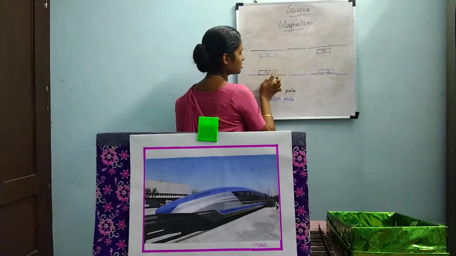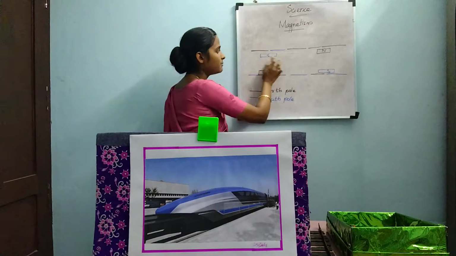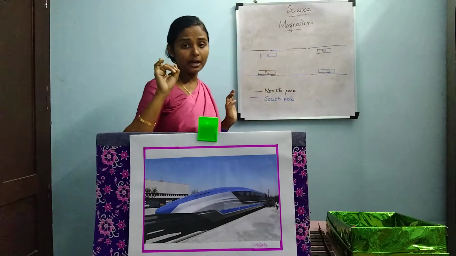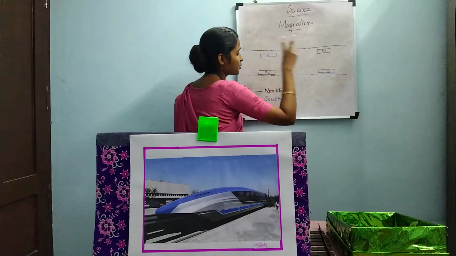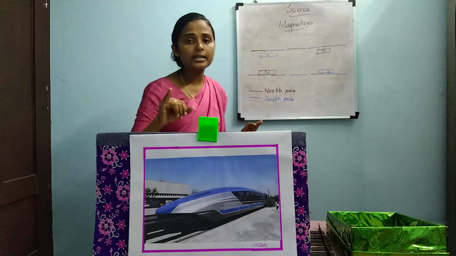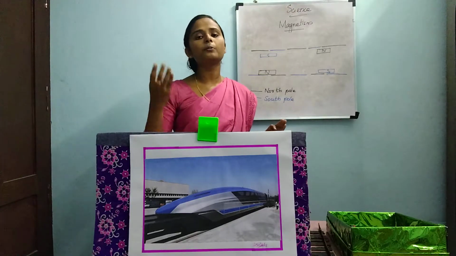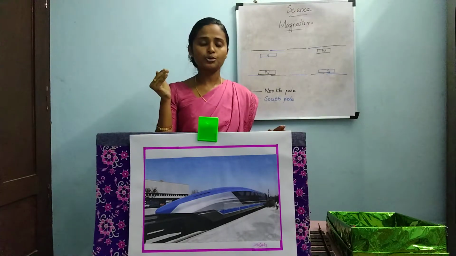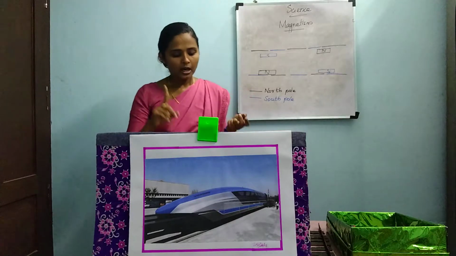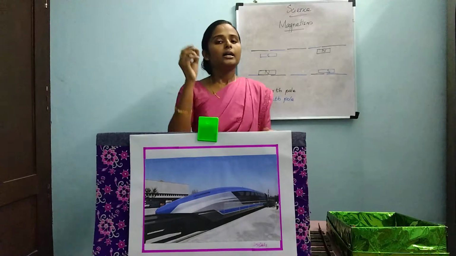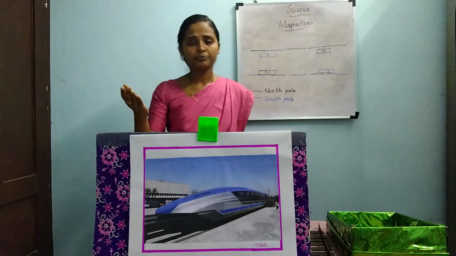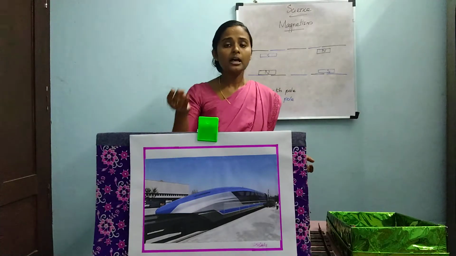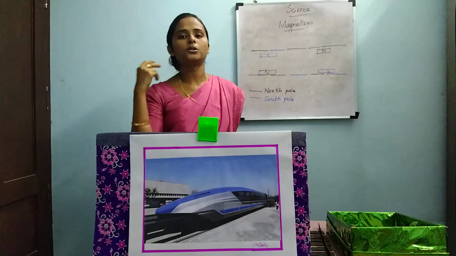And this box also shows a magnet. First they make the magnet present on the track, and then the train is magnetized by allowing electric current through the magnet. First point.